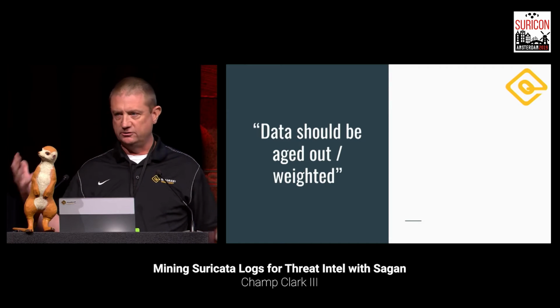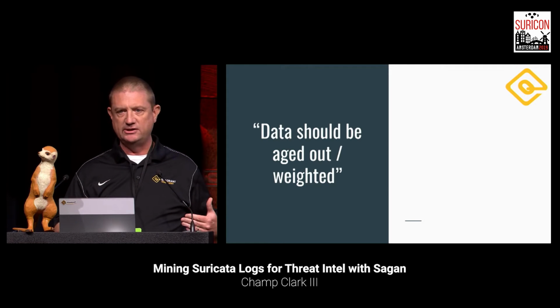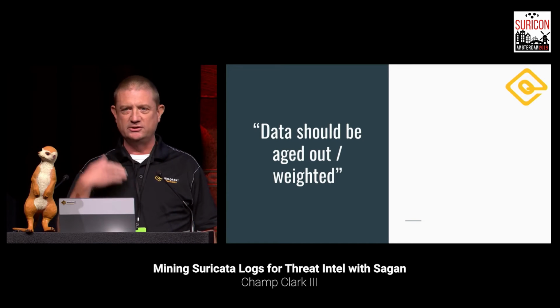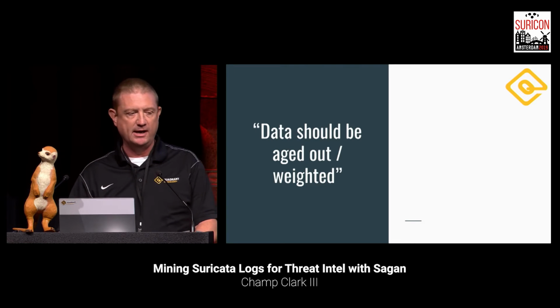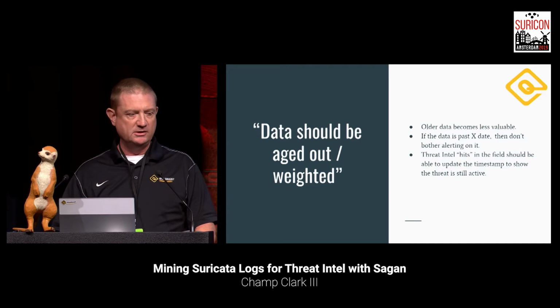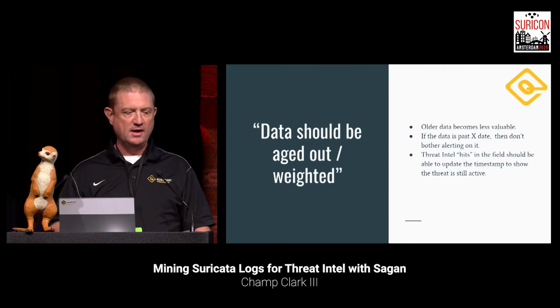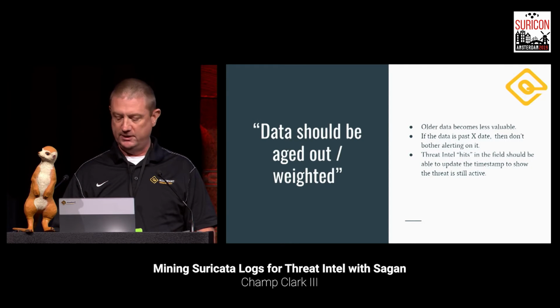And once us researchers get together and say, hey, we see a common IP address or a common hash that gets used, then they typically change out their tactics. When they do that, that data gets old, but we, as researchers, continually look for the same sort of thing. So the data needs to be aged out over time if we don't see it. So that's kind of the problem there. The data becomes less valuable as it gets older, so we want to be able to age it out and whatnot.